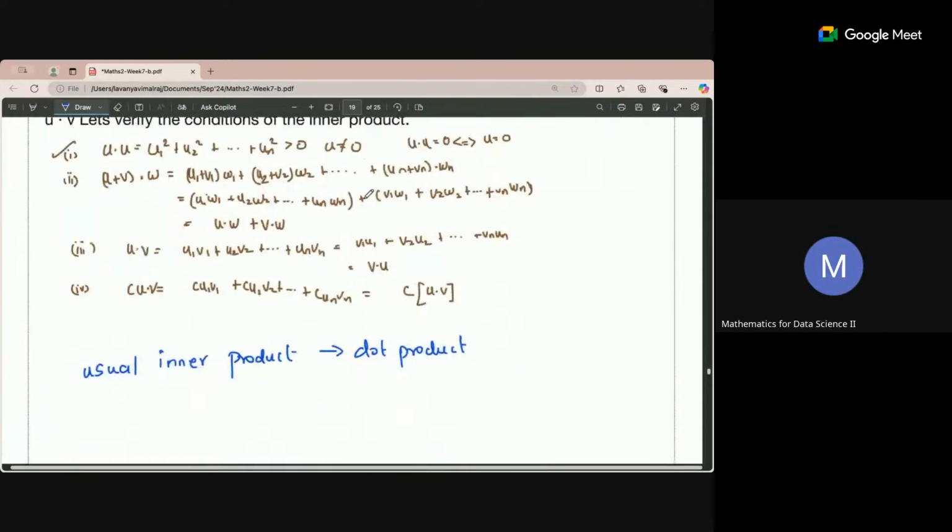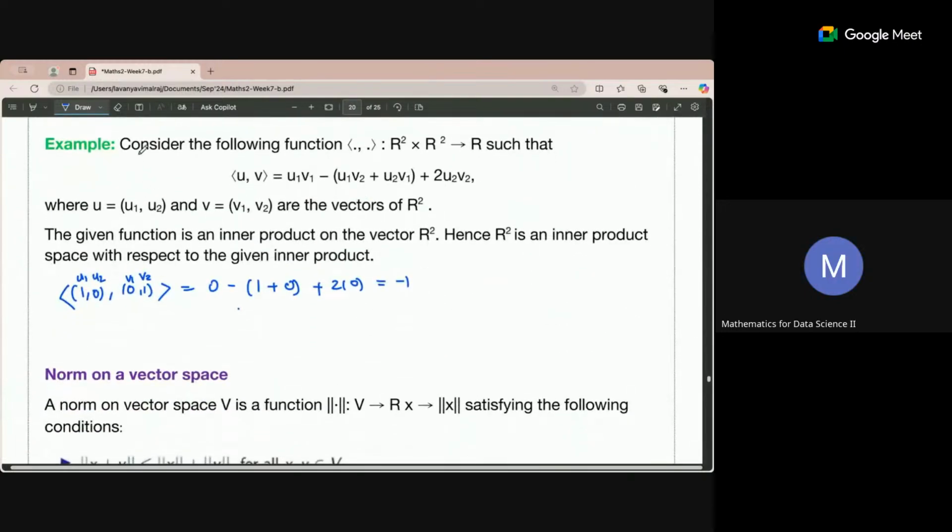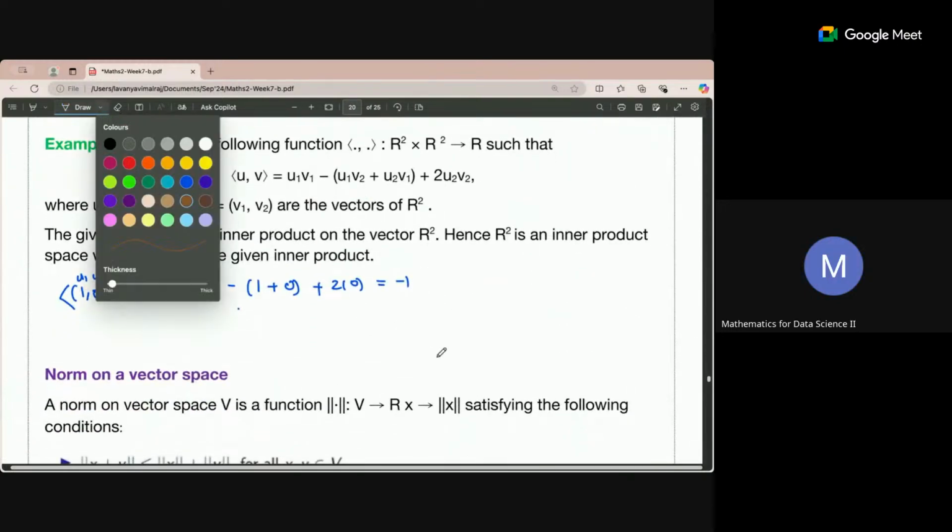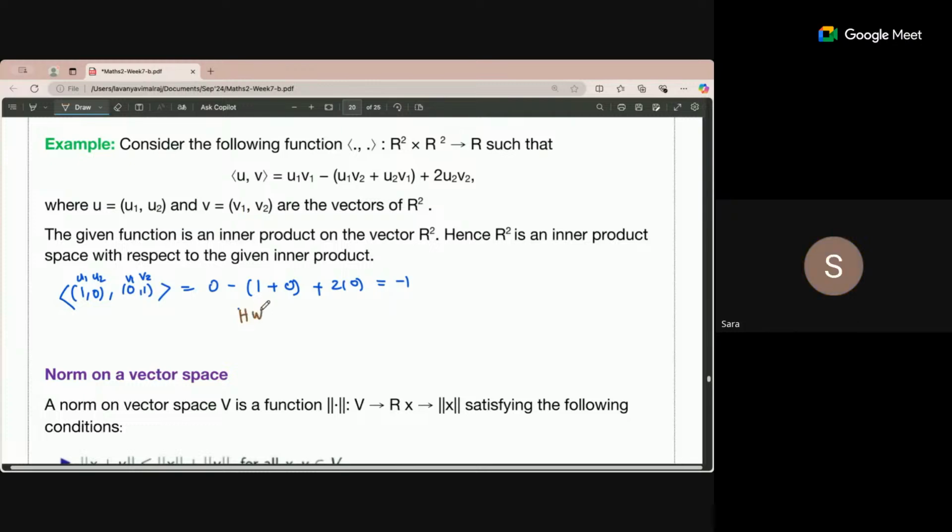Okay, and here maybe I can assign it as a homework. That should be 1 plus 1, right? Which one? The one which you solved right now. Here there is a minus. Acha, yeah.